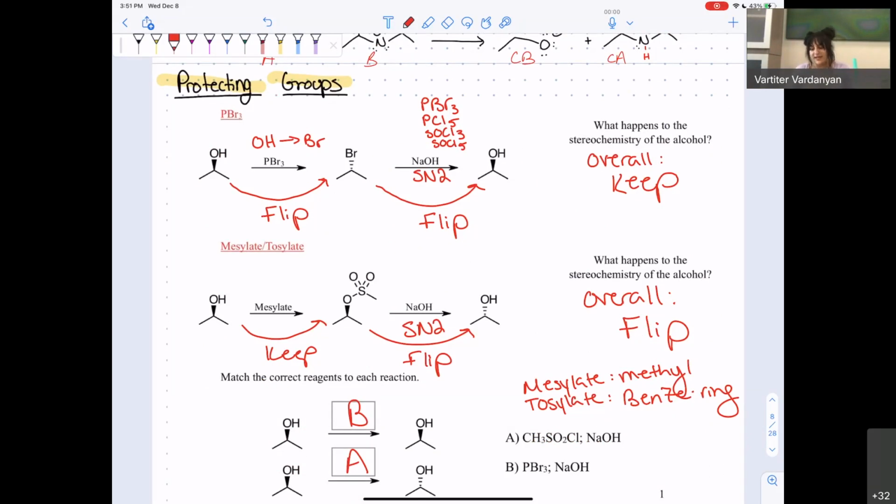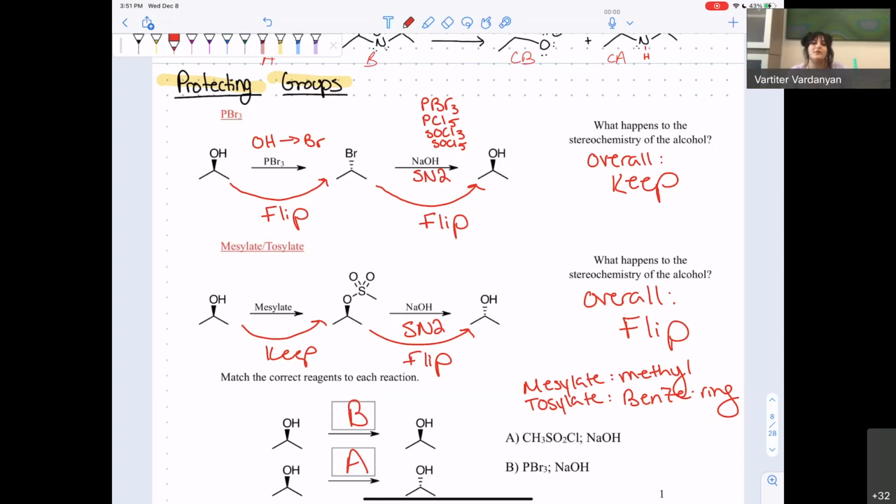This is an SN2 reaction, so it's going to flip the stereochemistry. When we turn it back to an OH, or anything for that matter, it's also going to be an SN2 reaction. We're going to flip that stereochemistry again, and overall we retain stereochemistry.